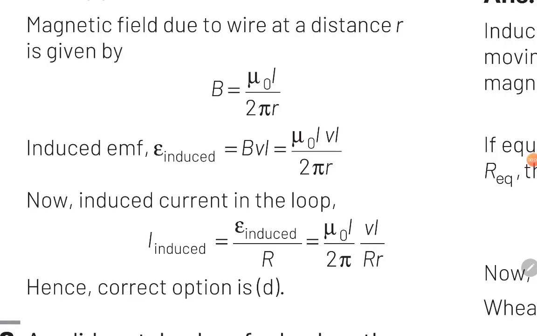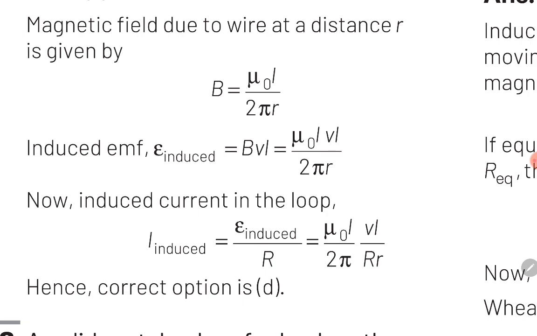Yes students, you can observe here that induced EMF will be equal to BLV, which is also known as motional EMF. Guys, in this formula, magnetic field B will be due to the infinite current carrying wire and therefore it will be given by the equation B is equal to mu naught I divided by 2 pi into small r.